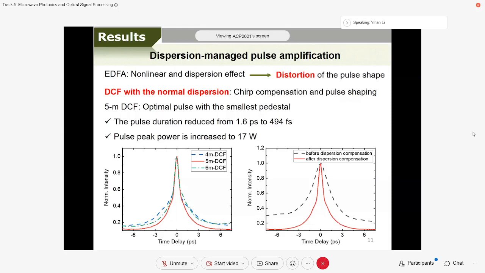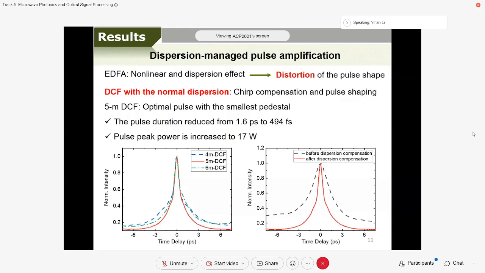So if you have 15 nanometers in the optical spectral domain, you would have approximately around 100 femtoseconds in the time domain if your phase is fully compensated in the spectral domain.